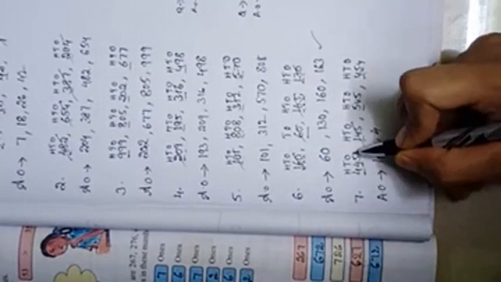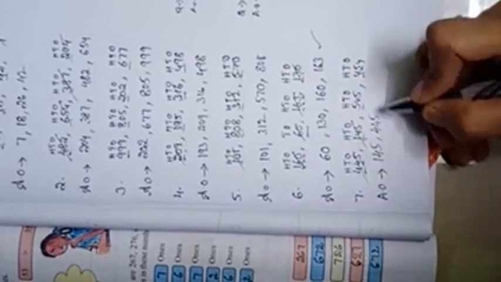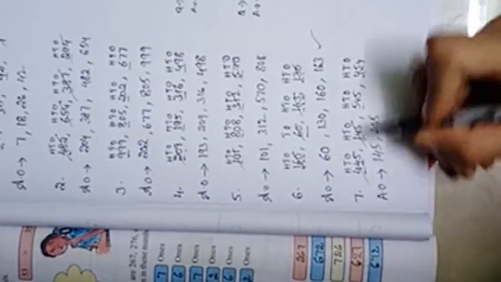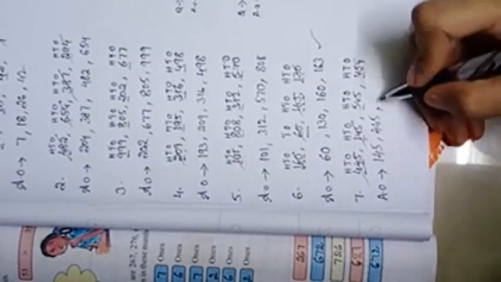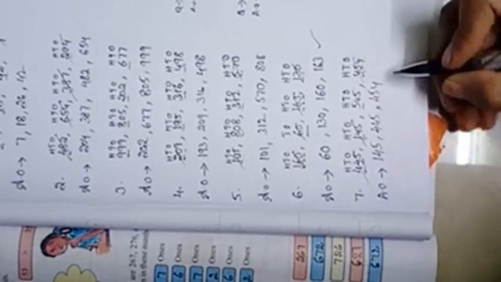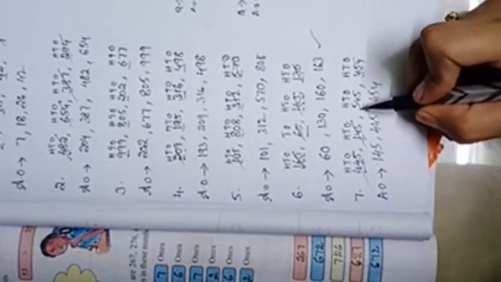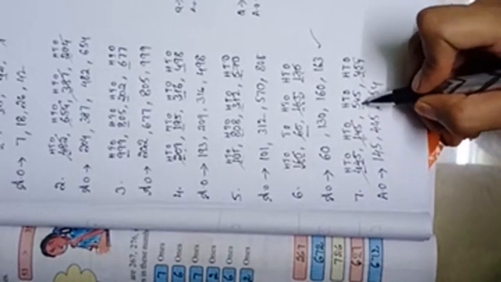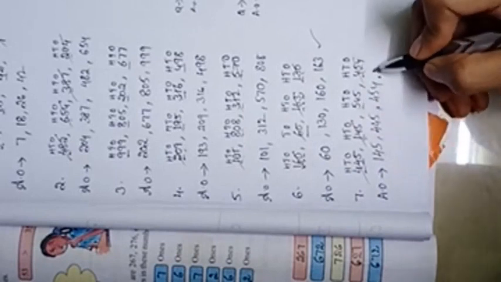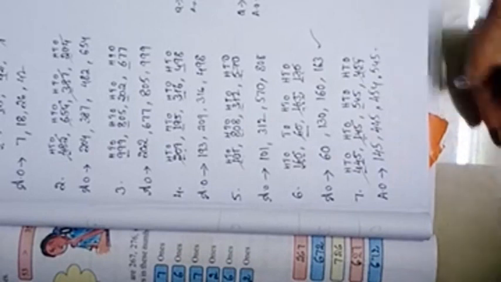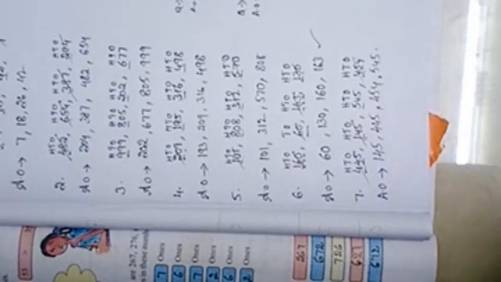So this is the second number, which means 454 will be the third number. After 4, we will get 5. So the number with 5 in the hundreds place will come in the last place. Children, I hope you understood this concept very nicely.